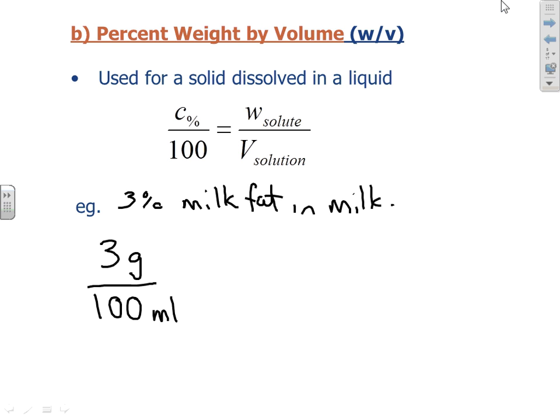Again, percent per 100. And when we start doing questions, that will be equal to the ratio of the solution we're actually studying, and we will put the other ratio on the other side and we'll solve. But the key to weight per volume or weight by volume is it tells us that we have grams on the top, that's the weight, and we have milliliters on the bottom. So when we see weight per volume, that's the ratio we use. Okay?